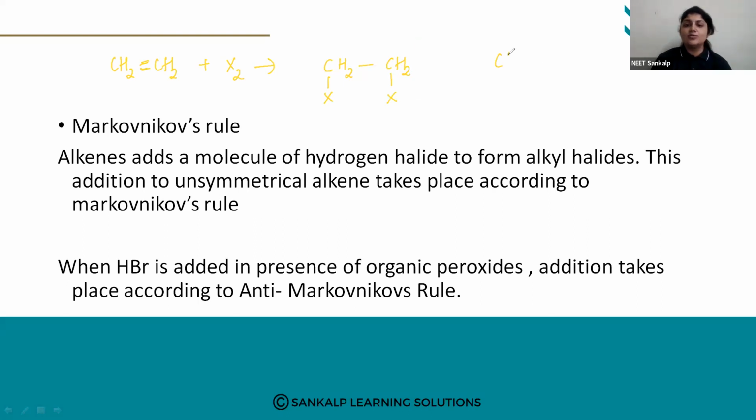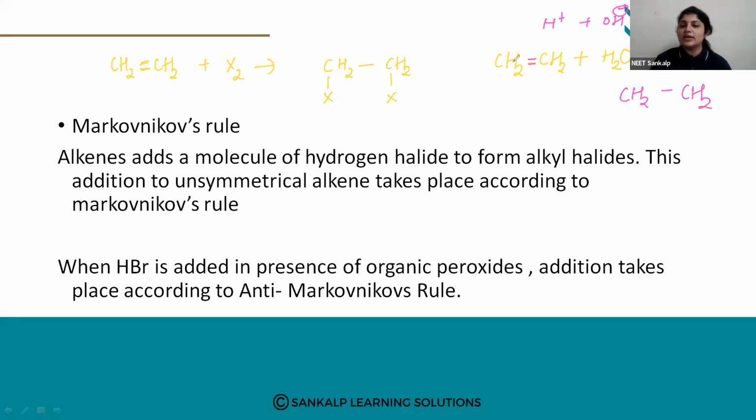Same with respect to this reaction, CH2 plus H2O. H2O will be broken as H plus and OH minus ions. Now across the double bond, how will they add? CH2, CH2.